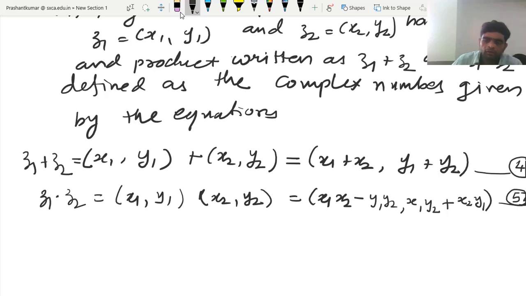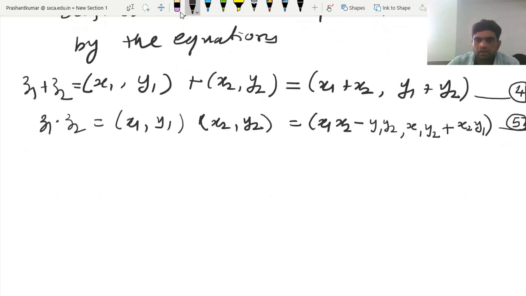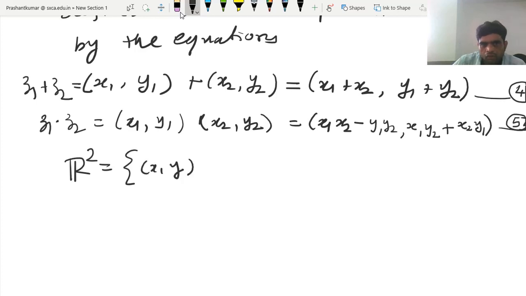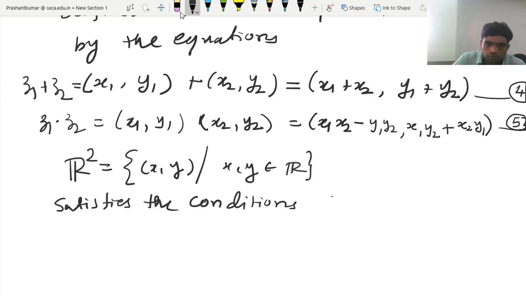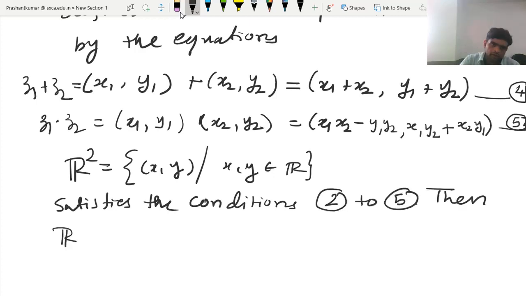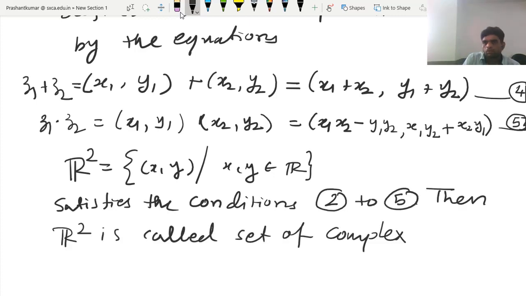So if the set R square, the set of all ordered pairs x comma y, where x and y belong to R, satisfies conditions 2 to 5, then R square is called the set of complex numbers.